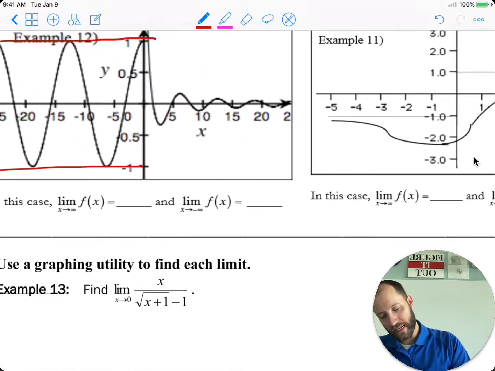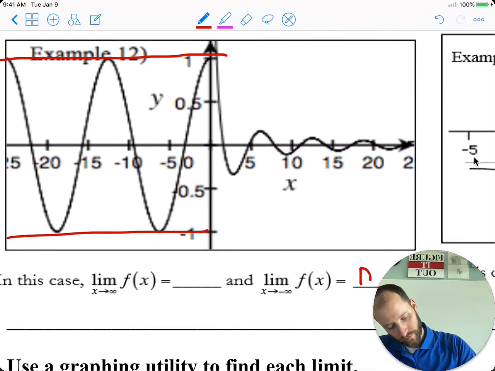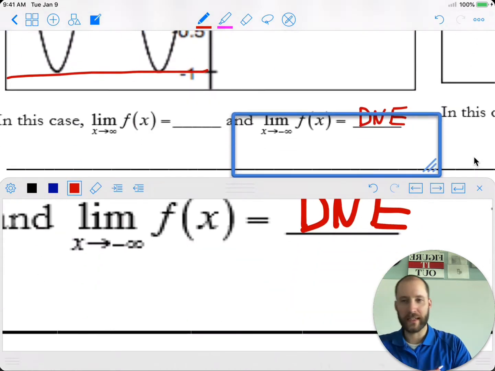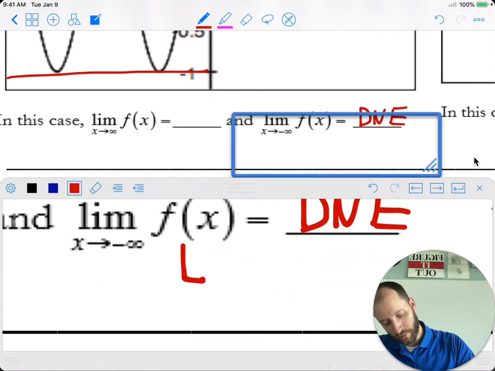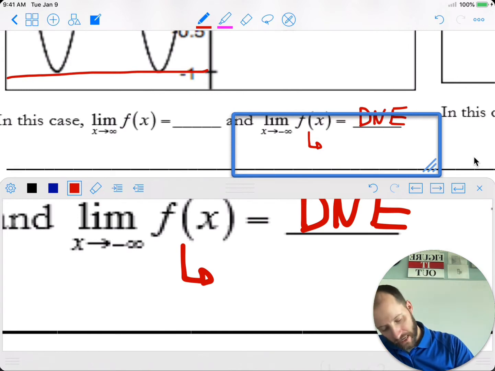So we can say the limit does not exist. And you don't really need to give this reason unless they ask for it. But we're doing the notes, so let's include the reason. So when you're going back and looking at it, you have a reason. It's because of oscillating behavior.